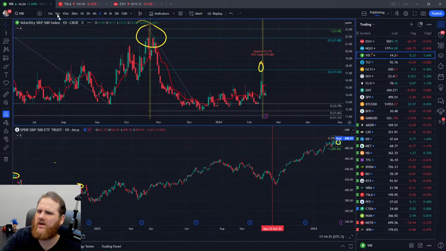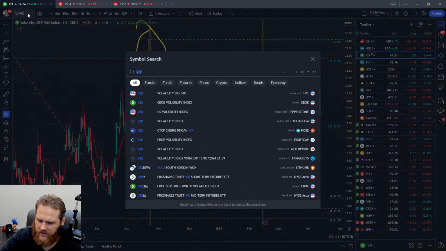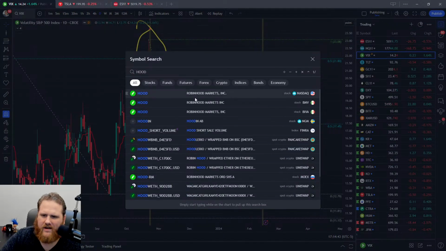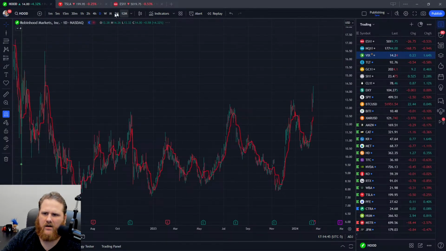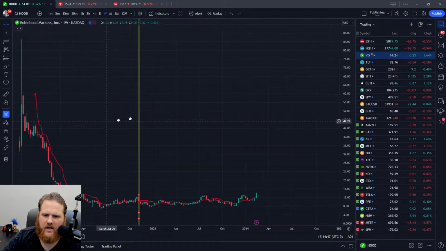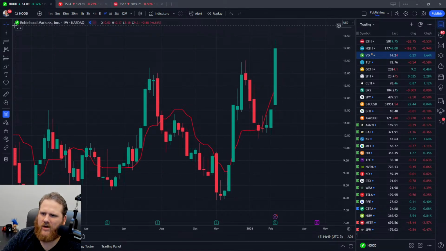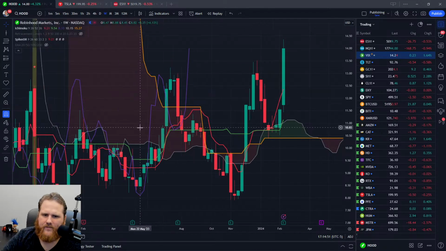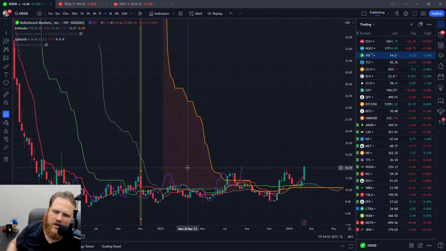Yeah, Hood. I'm going to be honest, I don't really care for Robinhood because I don't find their platform to be very useful as a trader. Is it breaking out on Ichimoku? Let's see. And it's breaking out. All right, if you want to own Hood, go for it.